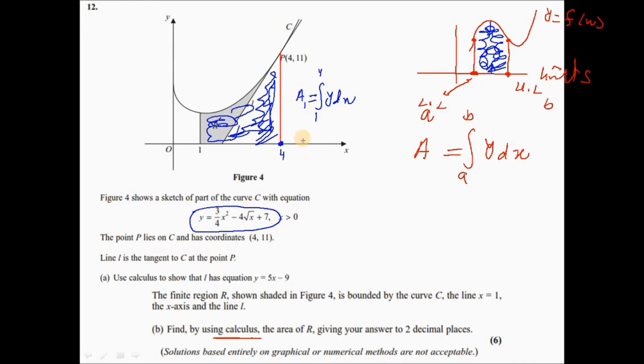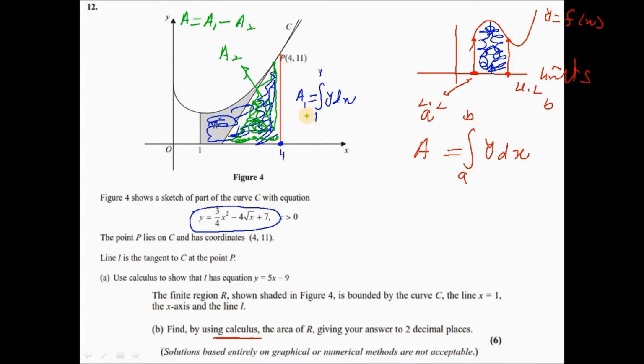After this, I am going to figure out the area of the triangle, that means the unshaded region, and this area would be A2. If I subtract A2 from A1, A1 minus A2, it will give me my required shaded region A.